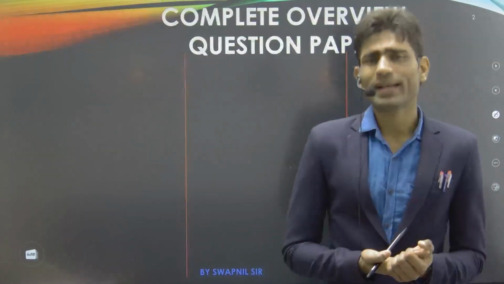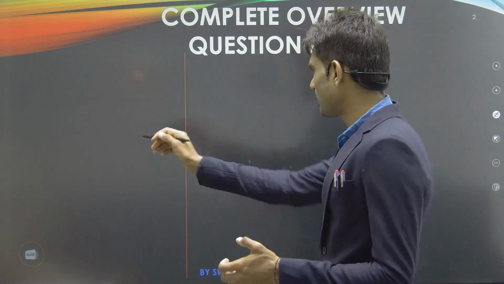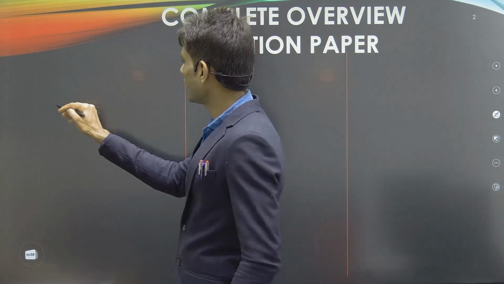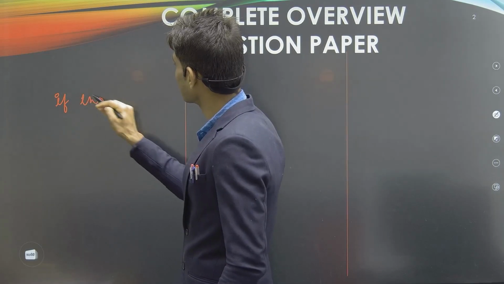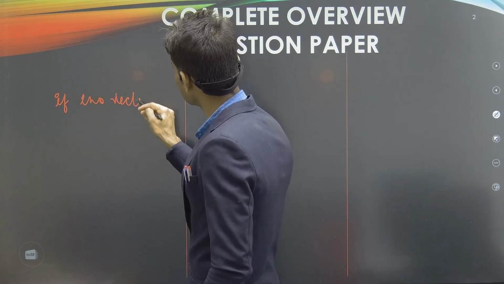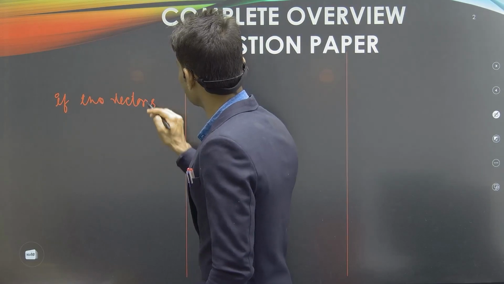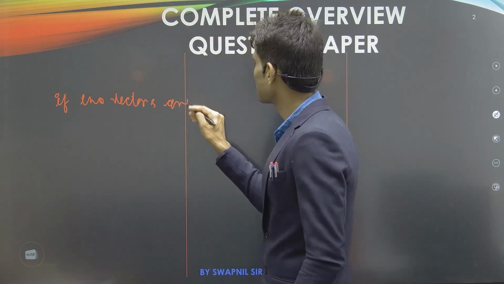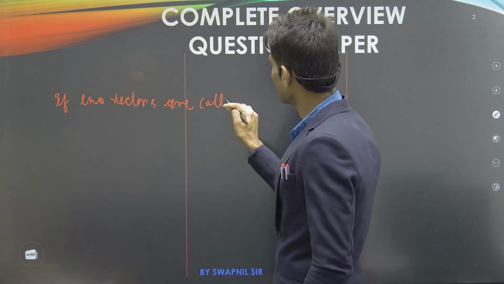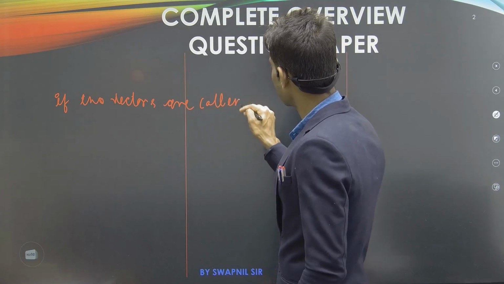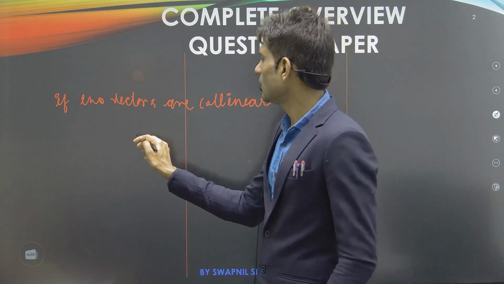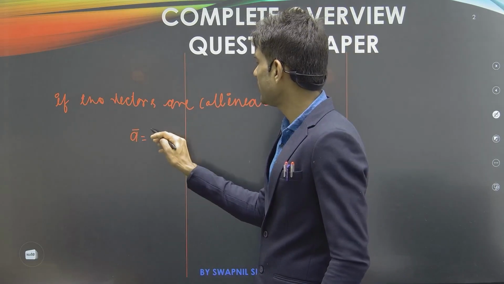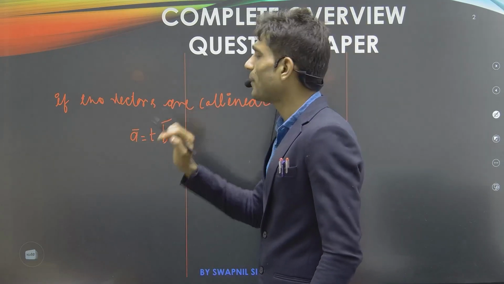Now, if two vectors are collinear, let me explain some of the concept here. If we have two vectors that are collinear, then one vector can be written as a scalar multiple of another vector.